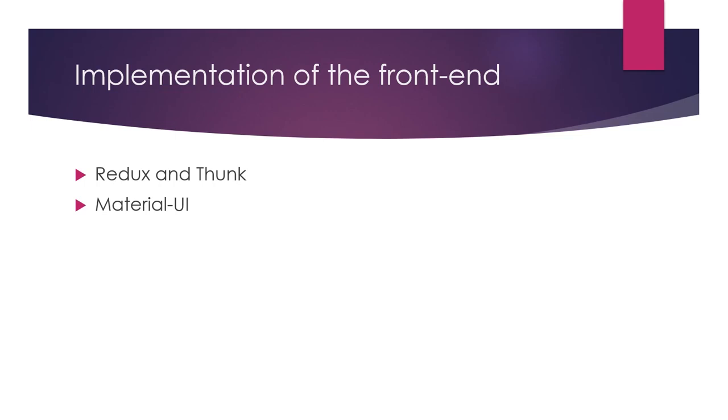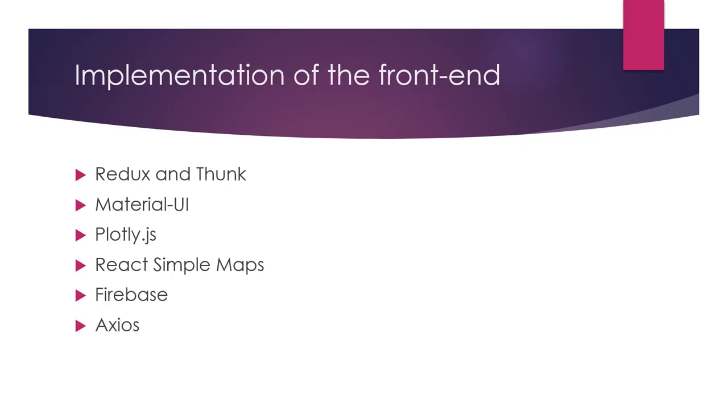Its grid component is particularly useful in the dashboard layout. We use Plotly.js to draw charts of the time series data and React Simple Maps to render our bubble map with tooltip. We use Firebase to connect to our database and publish our web app onto the internet. We also use Axios to handle our asynchronous JSON requests.